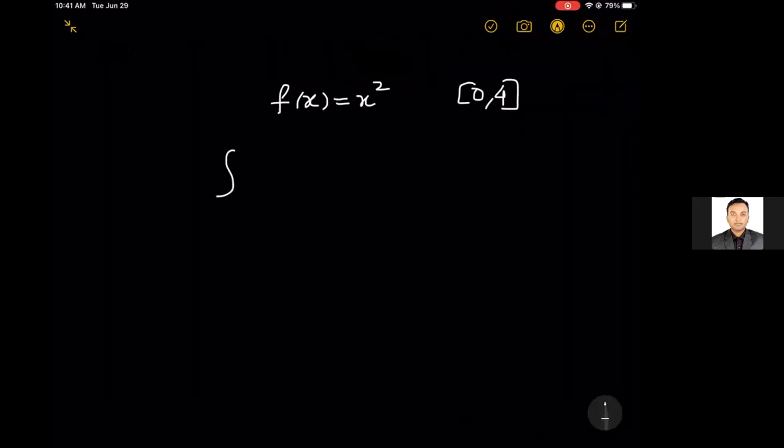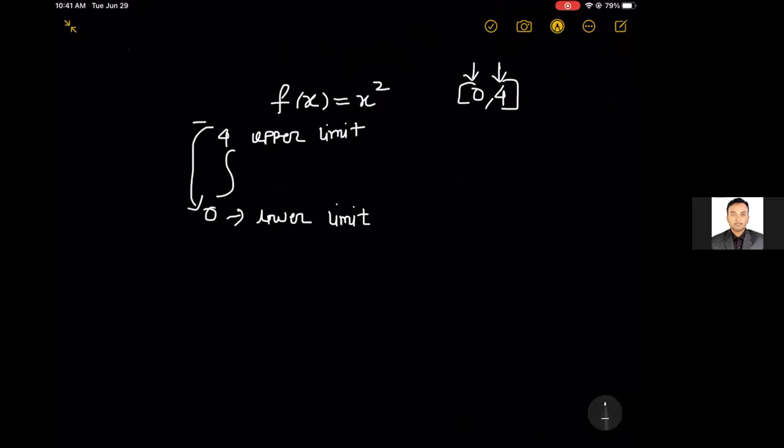So that means we start with the left-hand point. This is the lower limit. We call this the lower limit. And we'll be writing the right-hand point here. We call this the upper limit. That means we have limitations. So we shouldn't go beyond these 2 points.